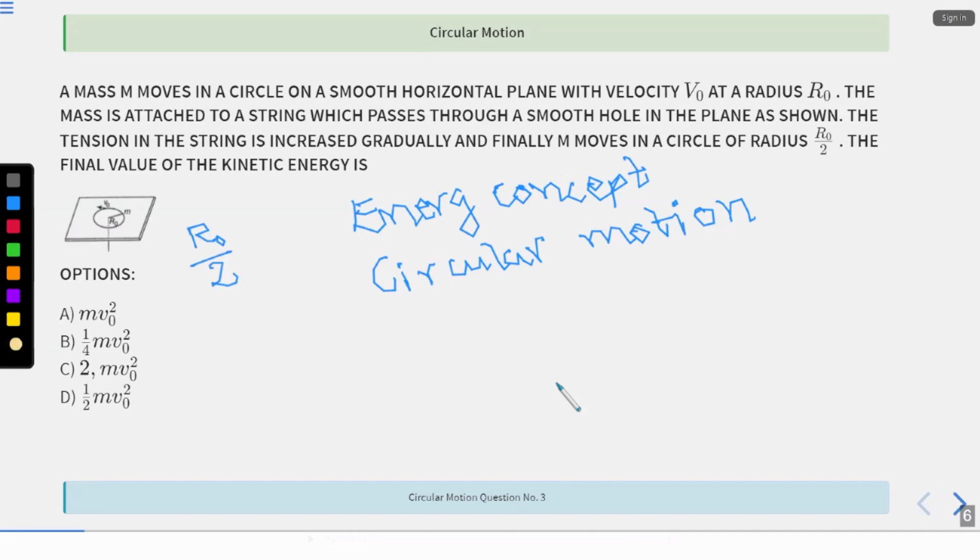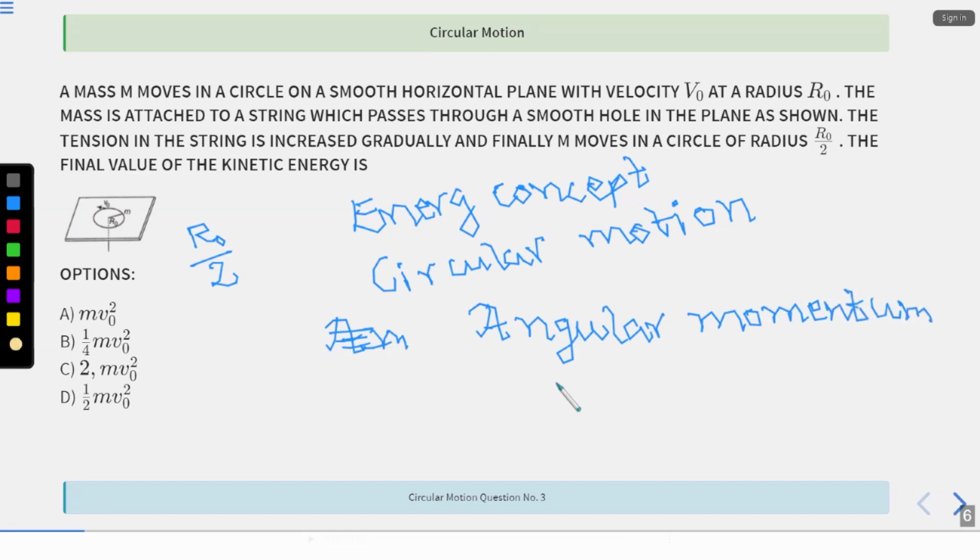So what we'll do is, we know that the angular momentum, not the normal momentum, but the angular momentum, will be conserved. Yes. So therefore, L initial should be equal to L final.